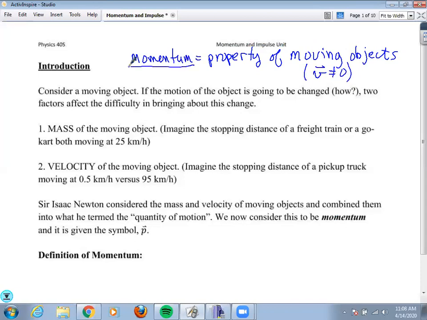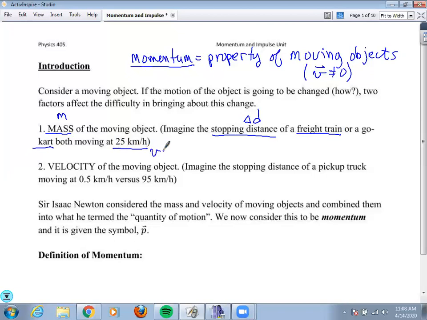So just consider this. We've got an object moving. How about if we want to change the motion of the object, speeding it up or slowing it down? Let's think about two factors that would affect the difficulty in bringing this about. Number one, consider mass. Imagine the stopping distance of a freight train versus a go-kart that both have the same velocity.